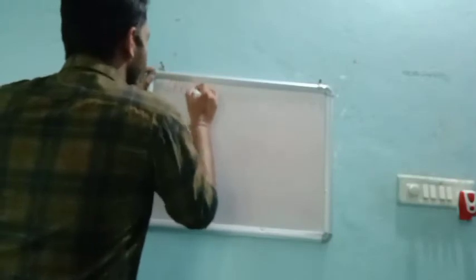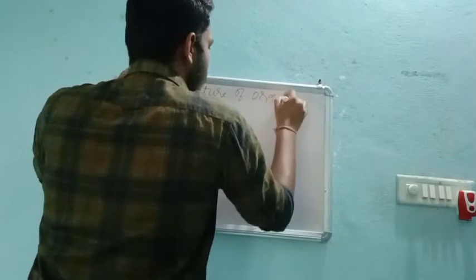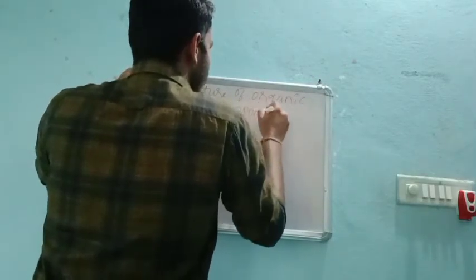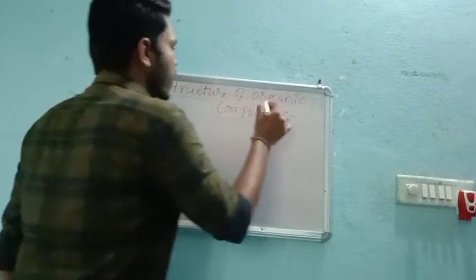In today's class, we will see the structure of organic compounds. This is also very important. A single organic compound we can write in 3 different structures. So that is the structure of organic compounds.